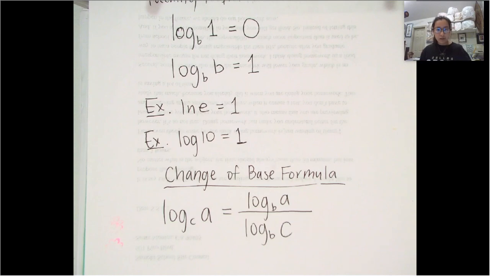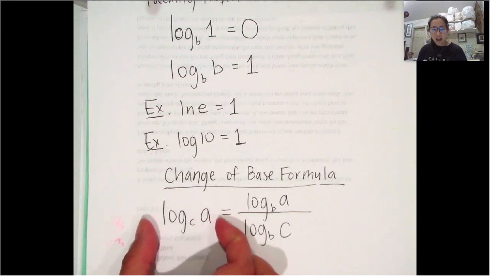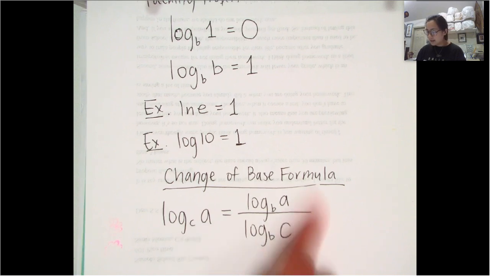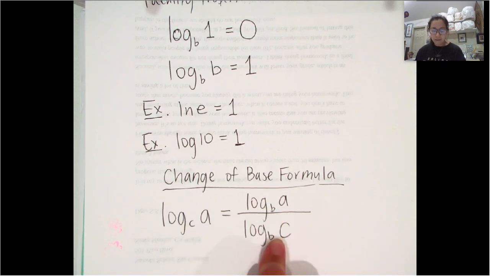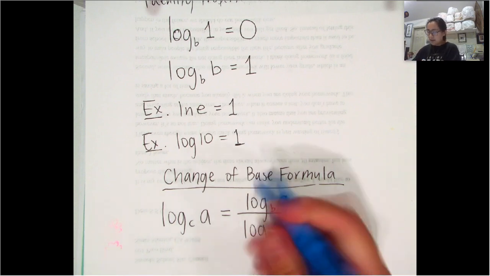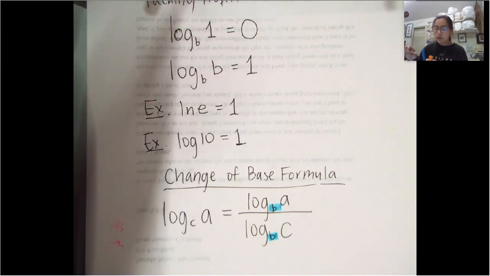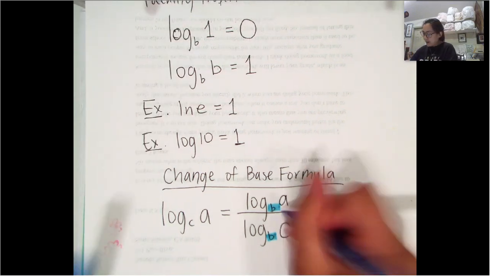So what you'll notice here is that on this side, you have a base of c and an argument of a. However, on this side, suddenly there appears a new b. And the interesting thing about this b is that it can be any number.